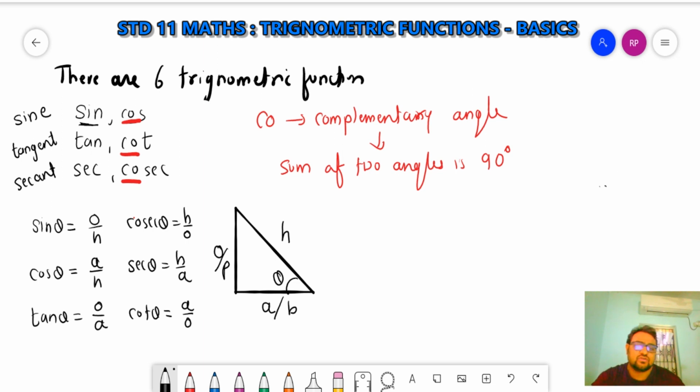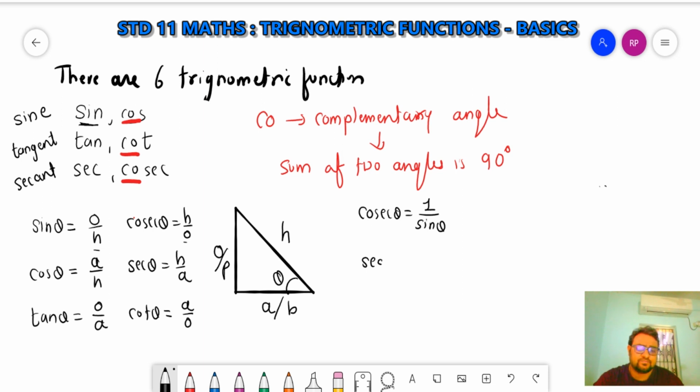Now some identities. See, here you will see the ratio of sine and cosec is reciprocal. So cosec theta is equal to 1 by sin theta.